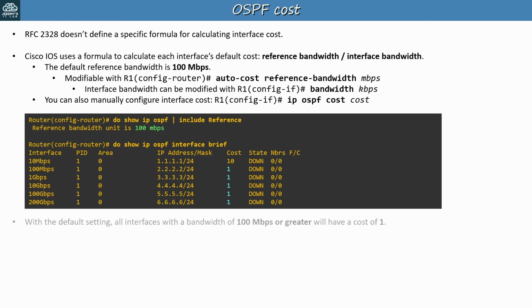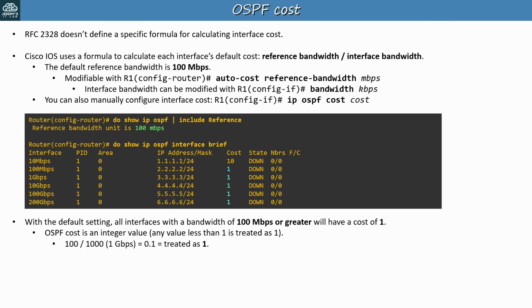As I've highlighted, with the default setting, all interfaces with a bandwidth of 100 megabits or greater will have a cost of 1. That's because OSPF cost is an integer value. It doesn't support decimals, and any value less than 1 is treated as 1. So with a 1 gig interface, the formula gives 0.1, but it's treated as 1. And with a 10 gig interface, the formula gives 0.01, which is again treated as 1.